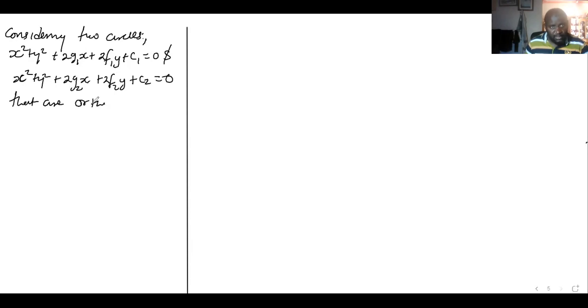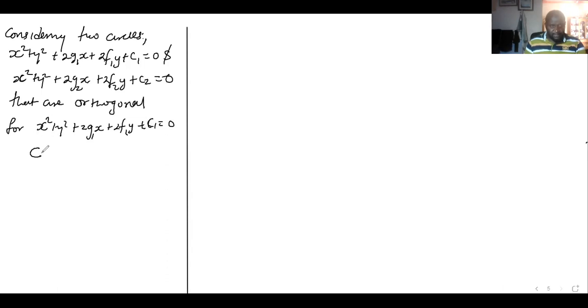So we are assuming these two circles are orthogonal. Then, for the first circle, x squared plus y squared plus 2g1x plus 2f1y plus c1 is 0.